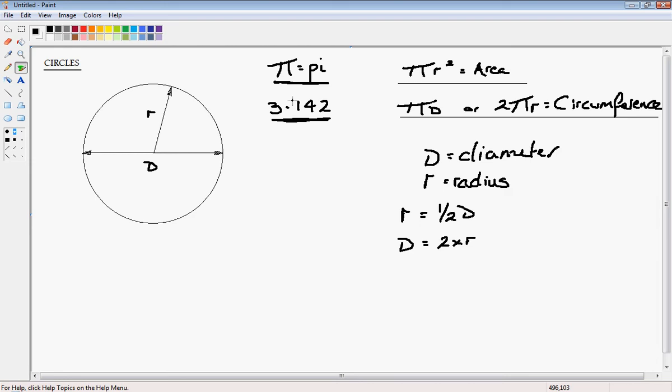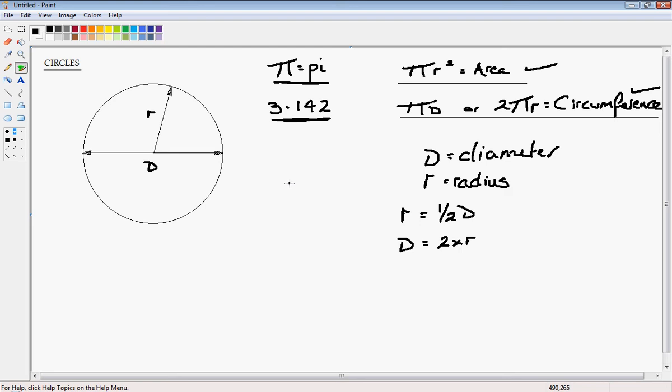So pi is very important because we use this to find the area and the circumference. Now the circumference is just the distance around the circle. Okay, for some reason we stop calling it a perimeter and we call it a circumference.